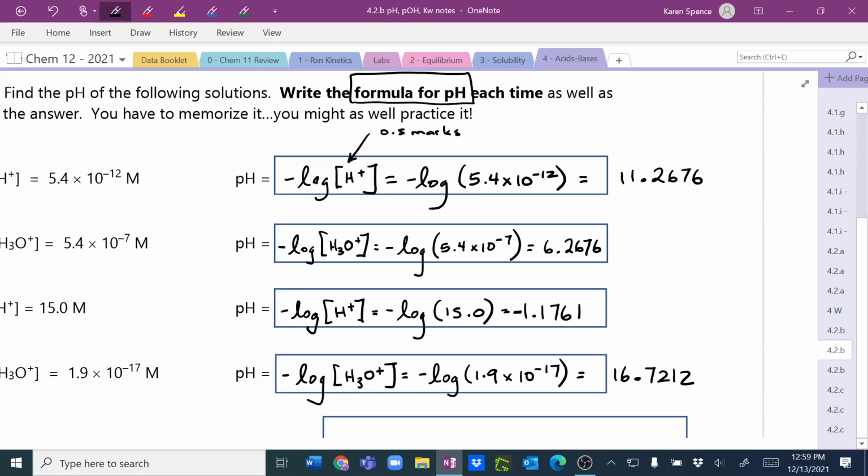So once you're done, you can check your answers with mine, bearing in mind that I do not have the correct sig figs here yet.